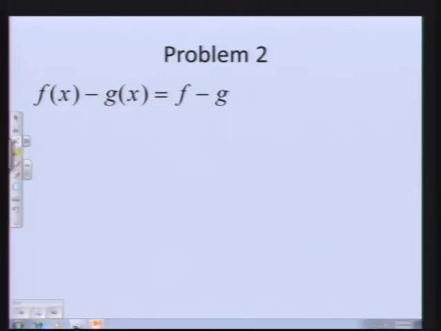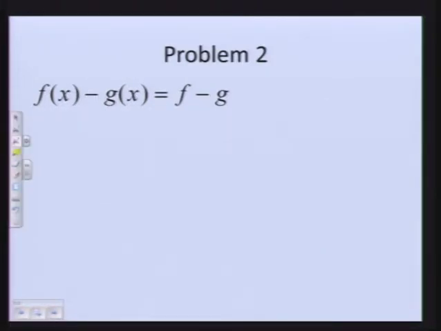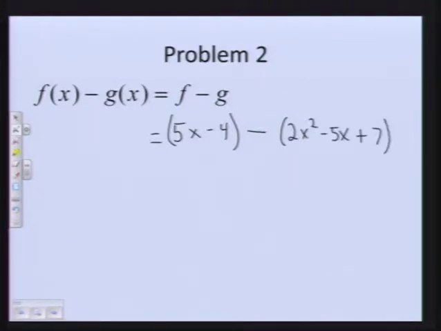The next problem is we're going to subtract two functions. Now here's where you have to really be careful, especially about the second function. Okay? Again, we have function f, if you look back at that list, is 5x minus 4. And then we're going to subtract function g, which again is 2x squared minus 5x plus 7.